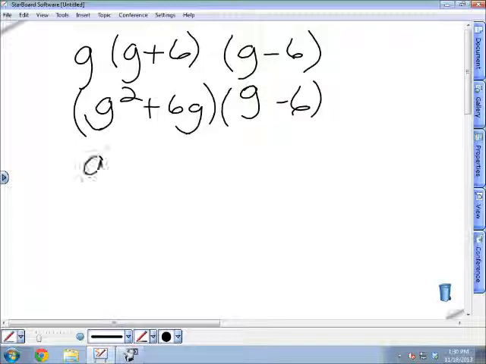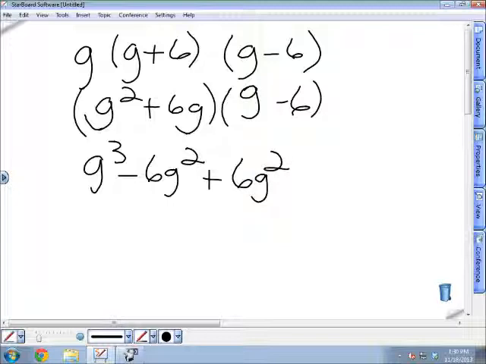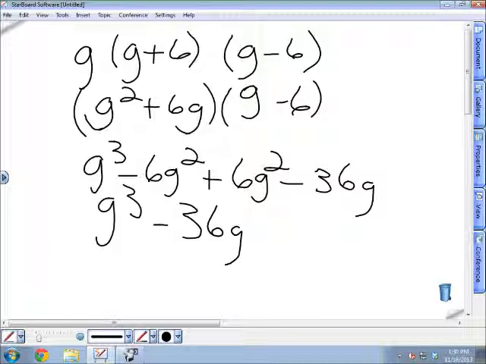And then you'd have your first, g cubed, your outer, your inner, and your last, minus 36g. And combine that to g cubed. Notice those will cancel out, minus 36g. You could do that. I think it would be easier not to do that.